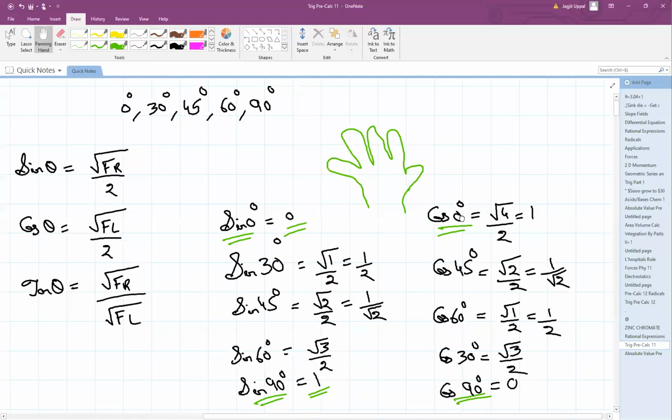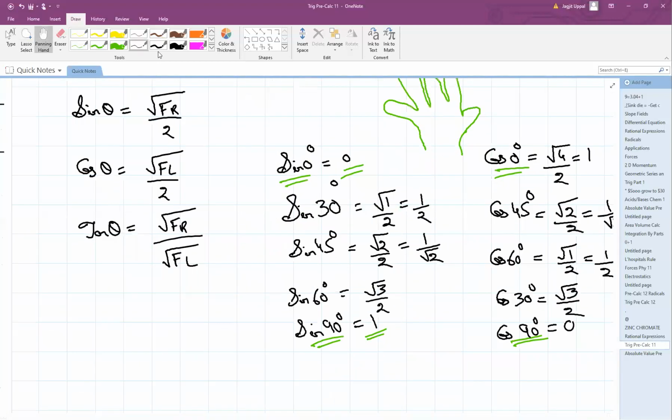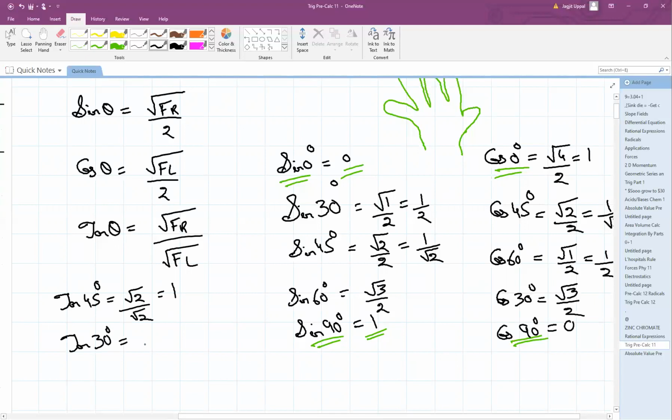Okay, so we did it for cos, and let's do it for tan now. If I'm going to find tan of 45, square root 2 over square root 2, good, or just 1. So tan 45 is 1. Tan 30, square root 1 over square root 3, which is just 1 over square root 3, because it's square root of fingers on the right over fingers on the left.